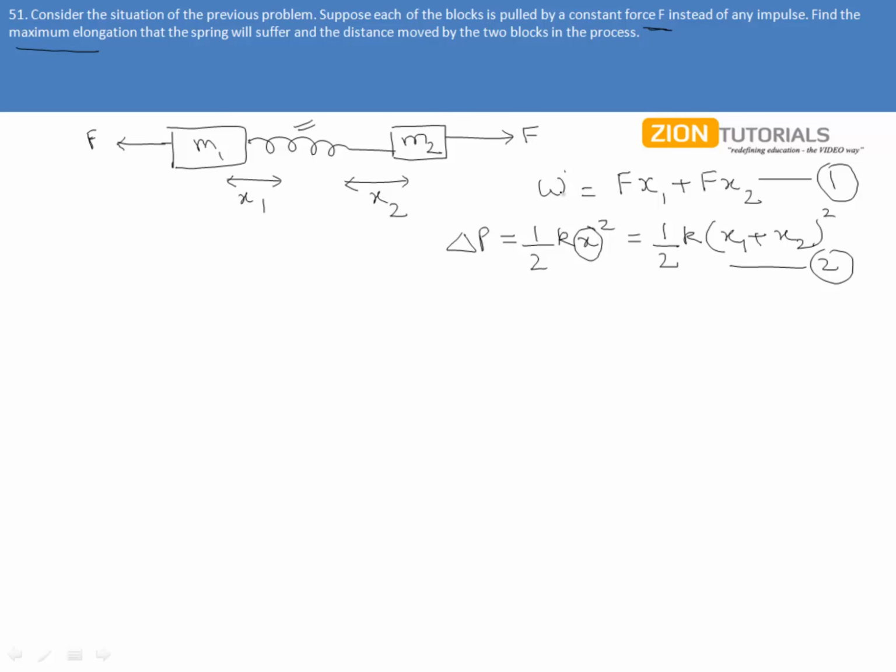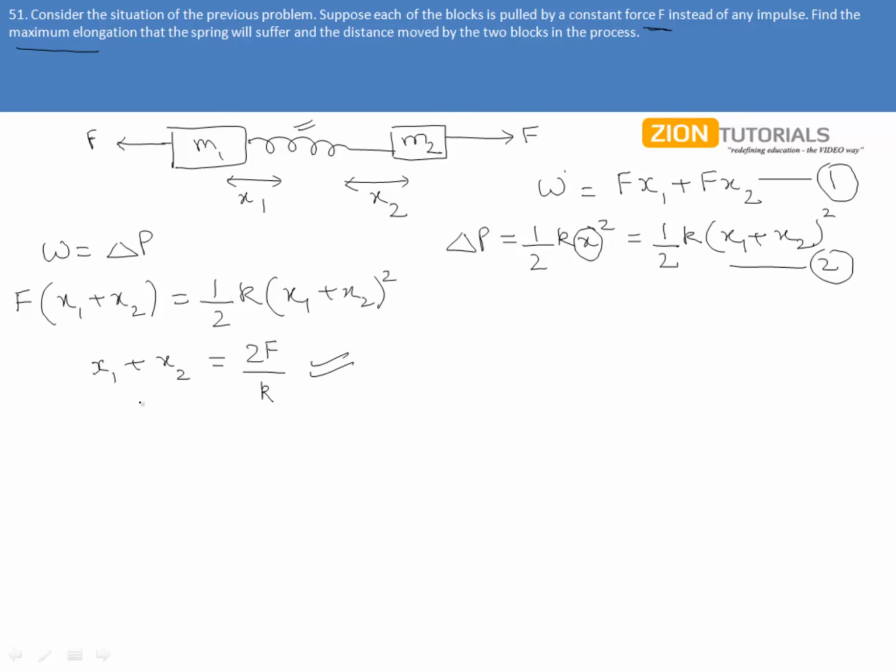So what I mean to say is that the work done upon the system has to be equal to the change in potential energy of the system, and hence W must be equal to delta P. Since work done is F times (x1 plus x2) equals delta P, which is half k (x1 plus x2) whole square, it gives us the value of x1 plus x2 to be 2F by k.